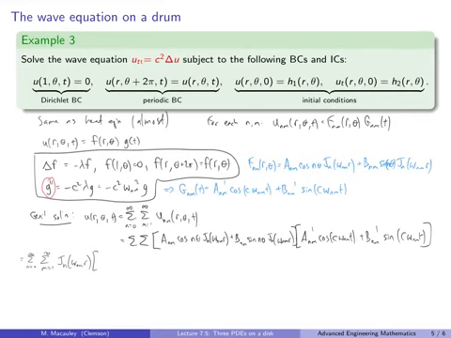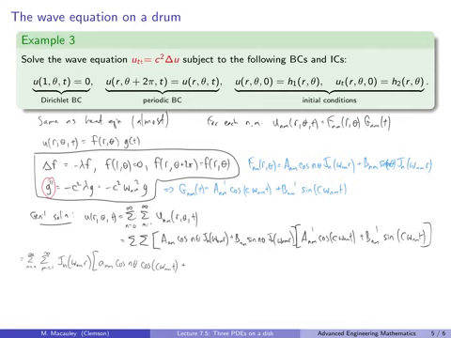Let's call this little a_nm. So I'm going to rename my coefficient. That's this guy times that guy. So little a_nm times cosine of n theta times cosine of c omega_nm t.